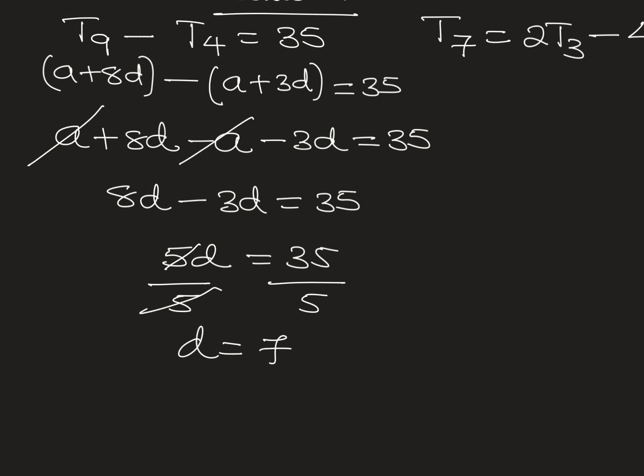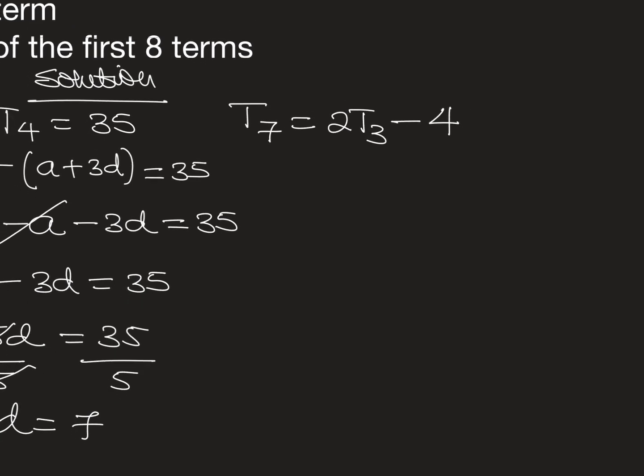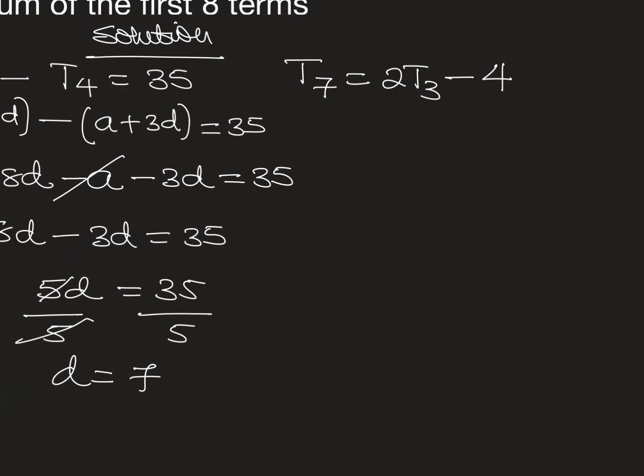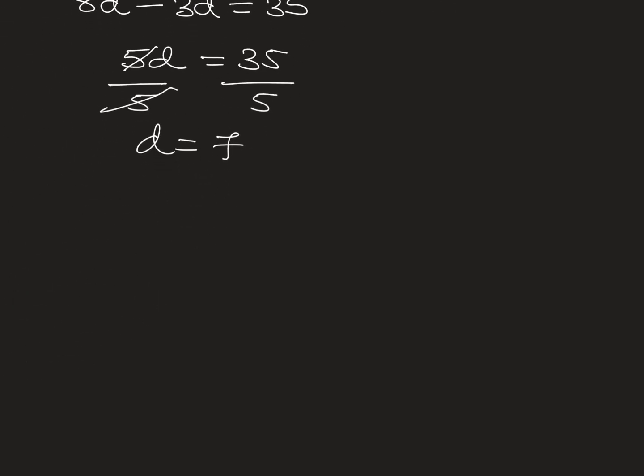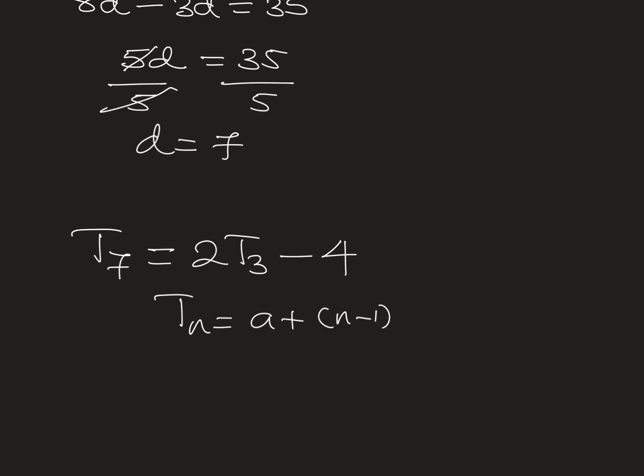Now if we use this other expression, t7 is equal to 2t3 minus 4. What is t7? Using t sub n is equal to a plus n minus 1 times the difference, t7 will be a plus 7 minus 1 times the difference.